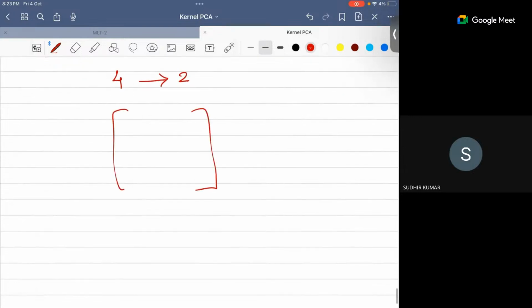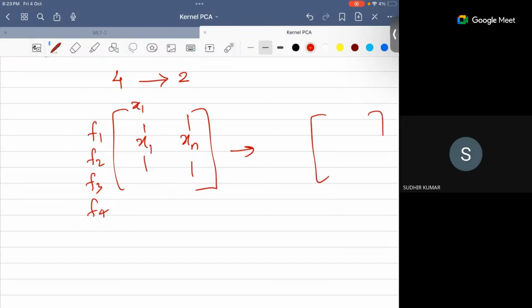Earlier my data set was x1 to xn, with dimensions f1, f2, f3, f4. Now it has changed to 2 dimensions. For example, this is v1 and v2, my first and second principal components. This is x1, x2.